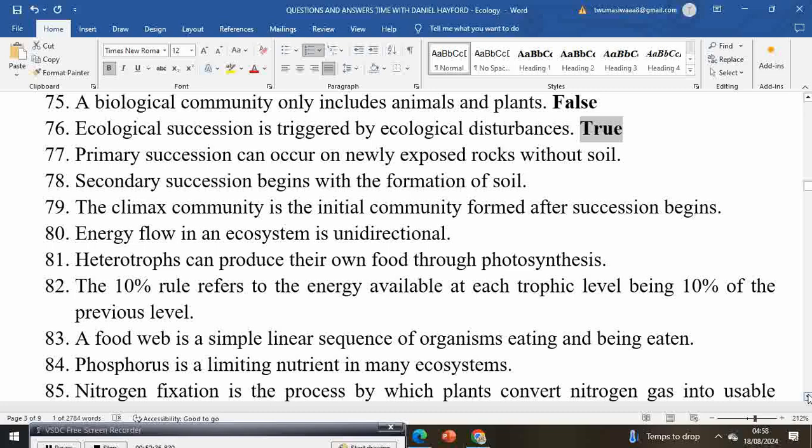Now, question number 77. Primary succession can occur on newly exposed rocks without soil. Is this one true or false? Question number 77. It is true.